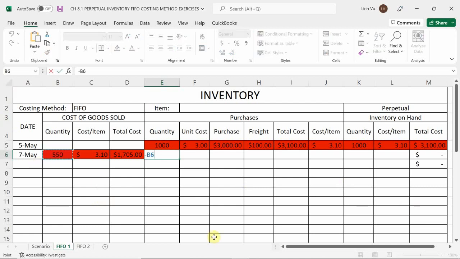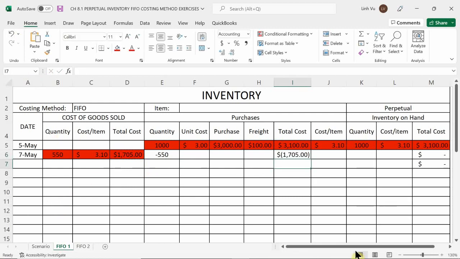So right here, I'm going to do my calculation so you can see it straight on, okay? Here, I'm subtracting 550 units, and I'm going to subtract the total cost of that 1,705, right? Because that is what I sold. I no longer have those units available. So in this case, let's do simple math.